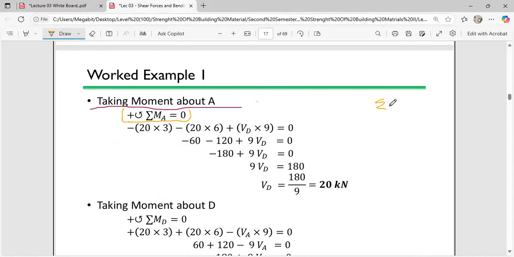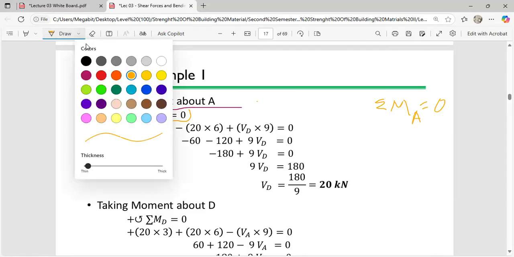So the sum of all moments at A is equal to 0, because where the moment is being taken, no distance is being covered. Hence, the force over there is going to multiply by 0. That's why at the end of the day, you're going to get 0. Then you have to indicate the rule you are using.